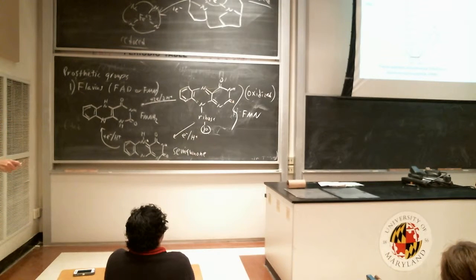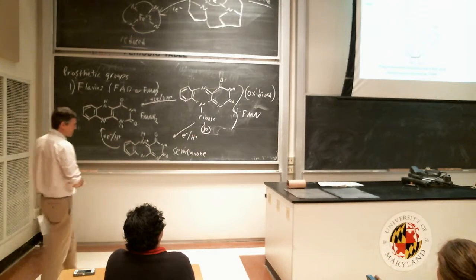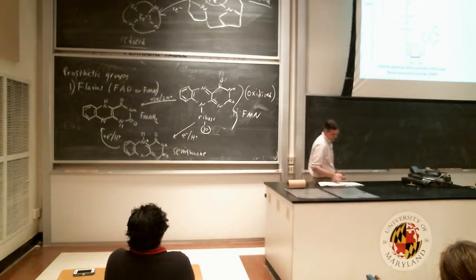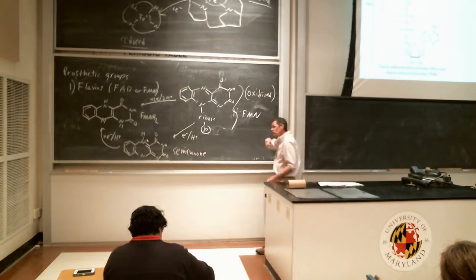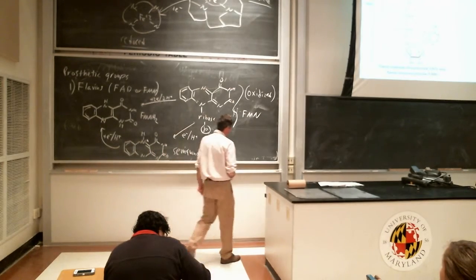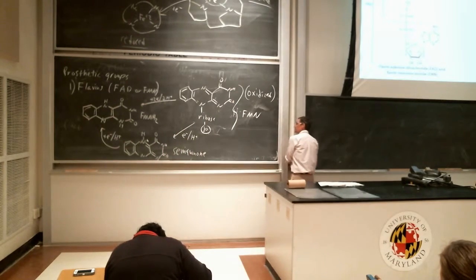And then remember that FMN stops here. So FMN is a mononucleotide, the flavin plus the ribose plus the phosphate. The rest of this is not important, but it's important to know that there is a difference between these. As before, for other enzymes, this stays tightly bound to whatever enzyme you need.